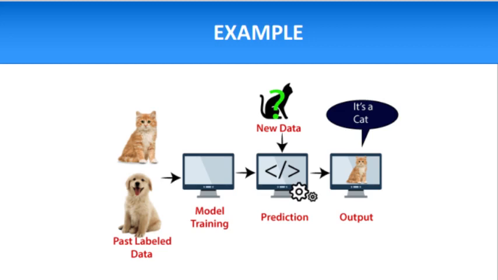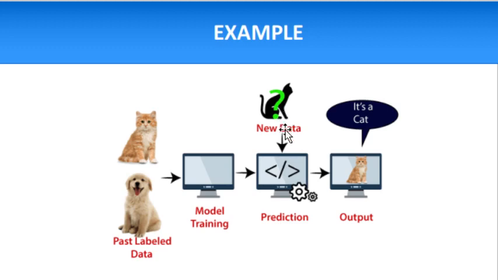As the support vector machine creates a decision boundary between these two classes, cat and dog, and chooses the extreme cases, the support vectors, it will see the extreme cases of cat and dog. On the basis of the support vectors, it will classify it as a cat. For example, this is the past data with cats and dogs, which is already there. This is the model training, and then on prediction we receive the new data from here.